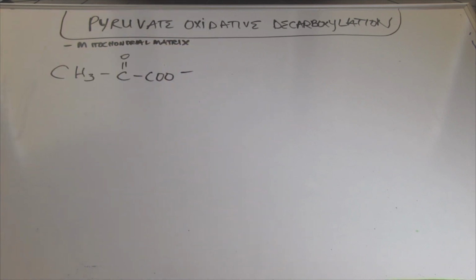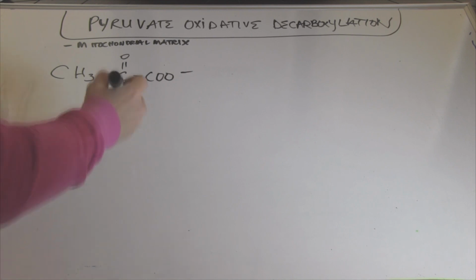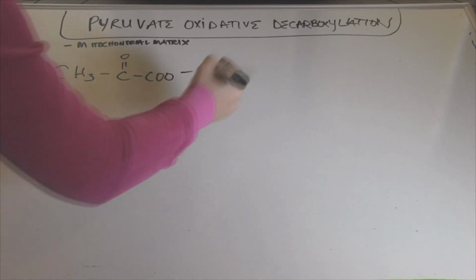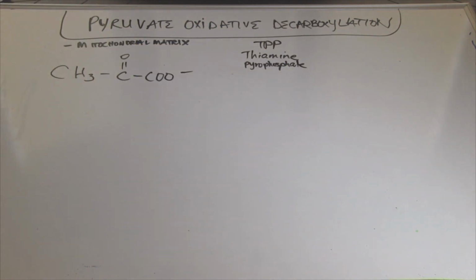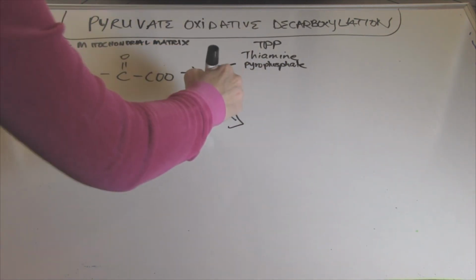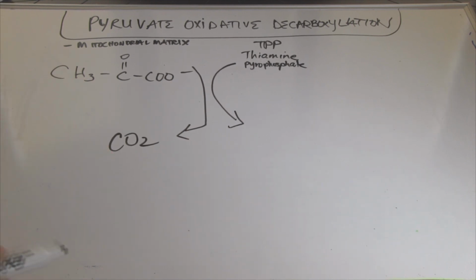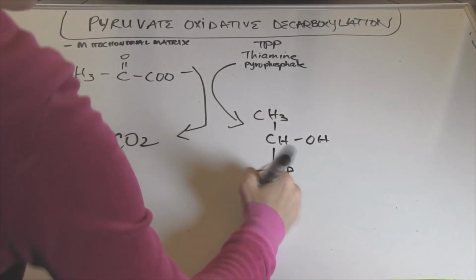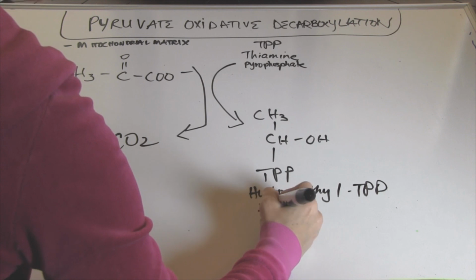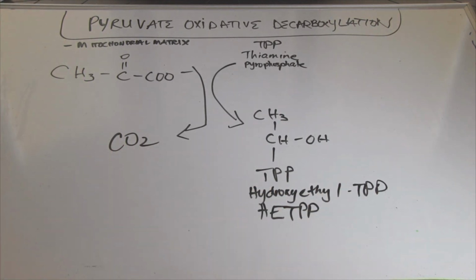What exactly happens? We have pyruvate, which is a 3-carbon molecule, and we are going to be reacting with thiamine pyrophosphate. We're going to be decarboxylating, so we're going to lose a carbon, and we're going to end up with hydroxyethyl TPP, or you can also say HETPP. And then this is, of course, the cycle.